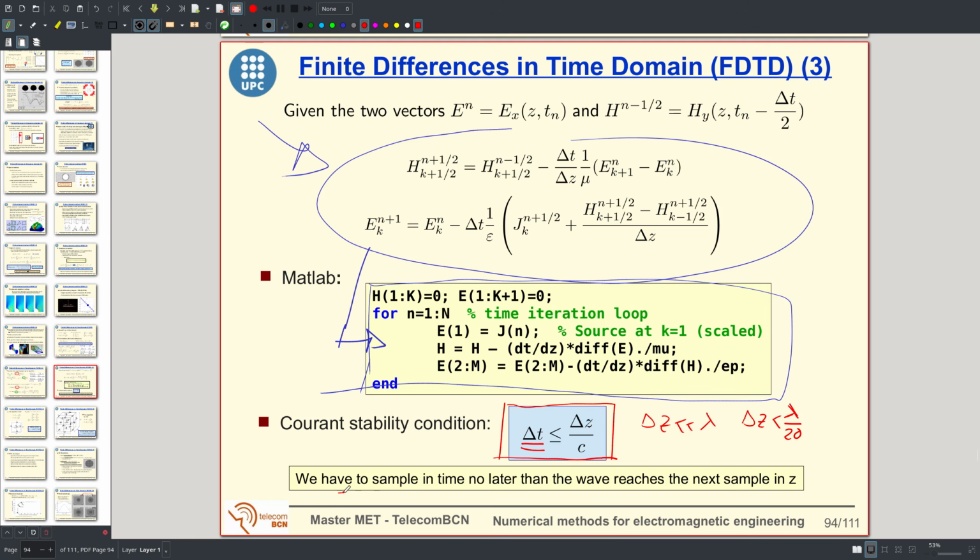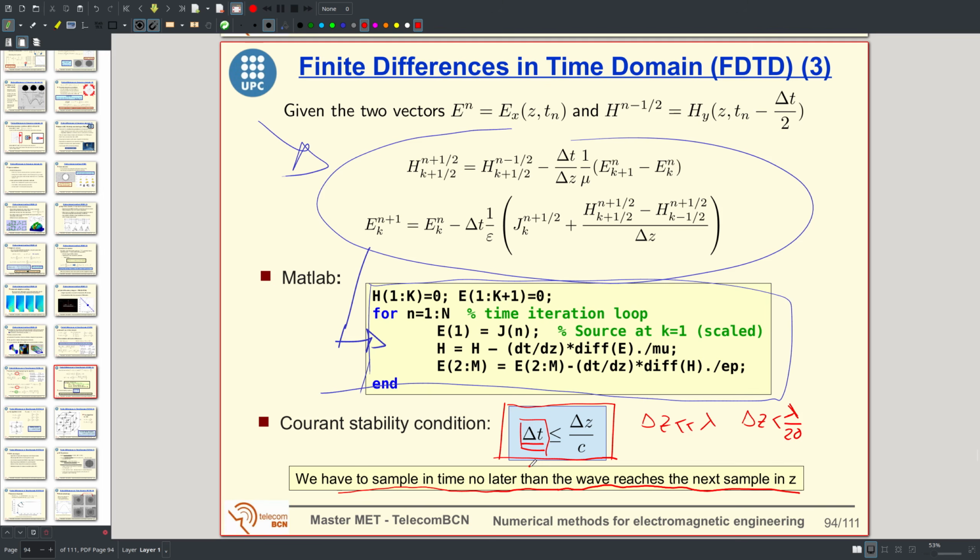That is, we have to sample in time no later than the time the wave takes to reach the next sample in z coordinate. So if the speed of propagation is c, the time that the wave takes to reach the next sample is delta z over the speed of propagation, and our sampling in time must be smaller than that.